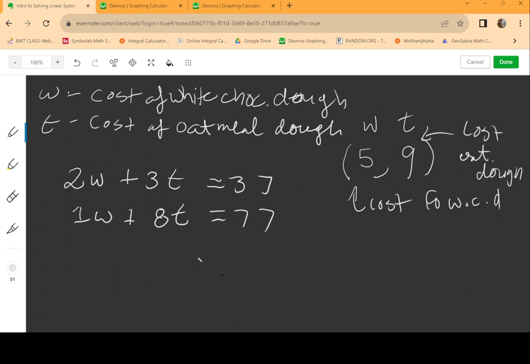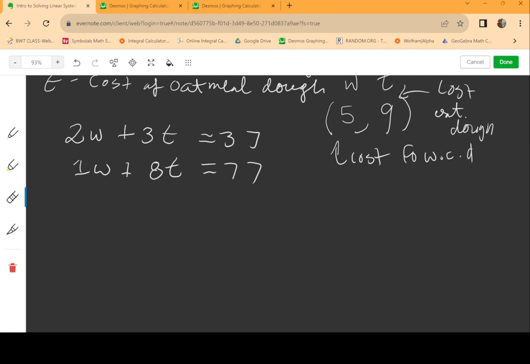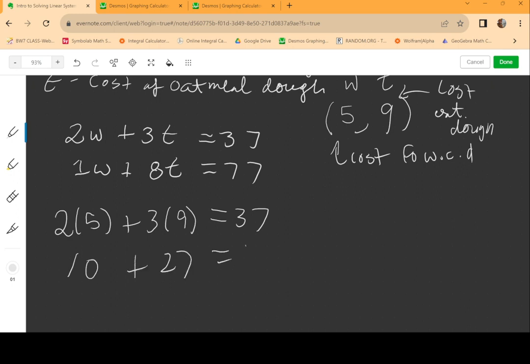But what does it mean to solve the system? What it means is that when I take those numbers 5 and 9 and plug them into both of the equations, not just one of them, if it is a solution, then it should give me a true statement for each equation.